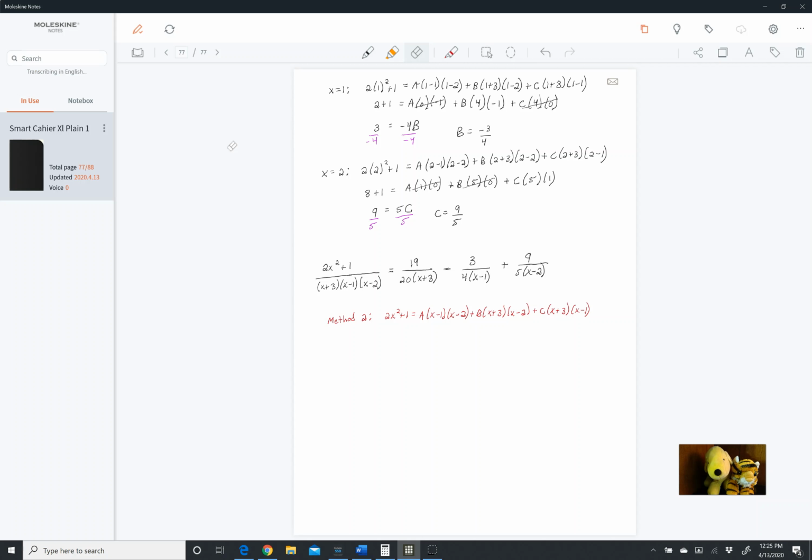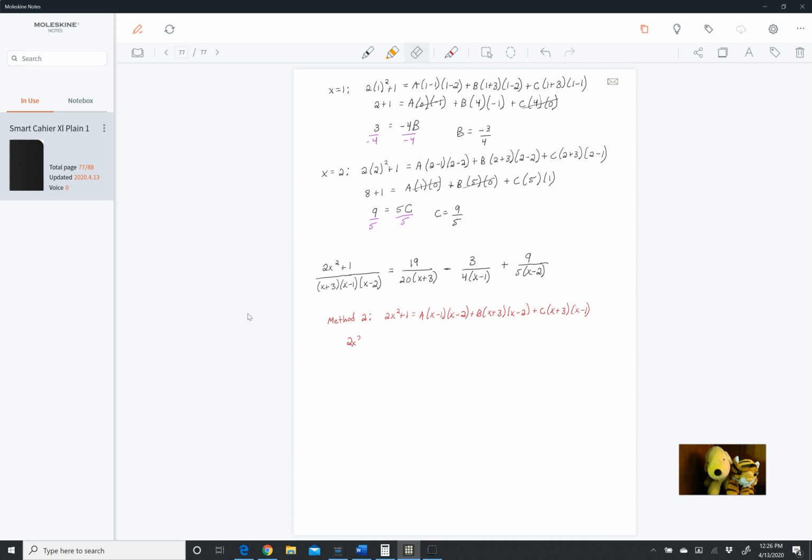There's a lot more algebra here because our first step is to multiply all of this out, okay? So here it's not just distributing the a to one thing, it's taking the x minus 1 and x minus 2, multiplying it, and then distributing the a. Taking x plus 3 times x minus 2, multiplying it, and then distributing the b. x plus 3 times x minus 1, multiply, and then distribute the c. So it's extra work here because you're doing a lot more multiplication. So let's actually do that.